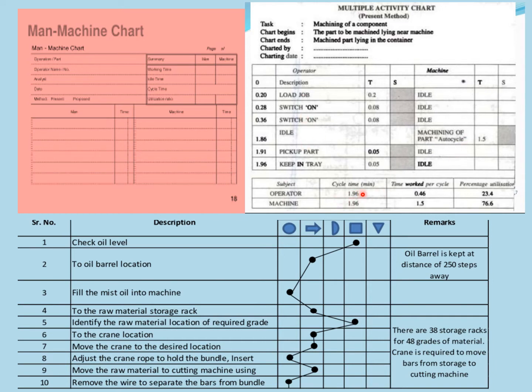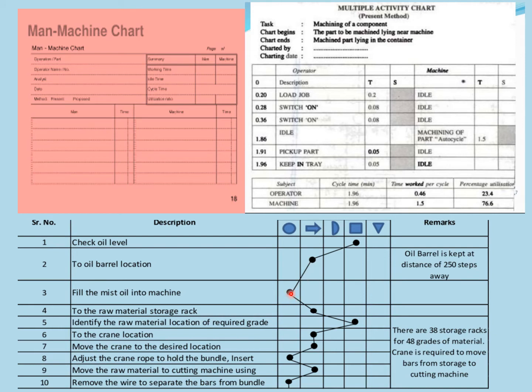Overall, we have to calculate the cycle time of the operator and machine. This is again one operation that we have already discussed in method study. This is the operation, transportation, delay, inspection and storage. It goes from the checking of oil, which is part of inspection, then the operation to fill the oil.